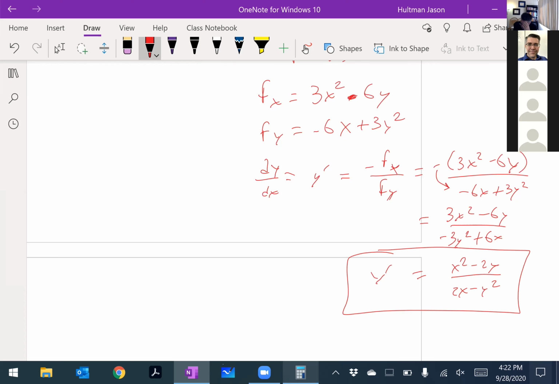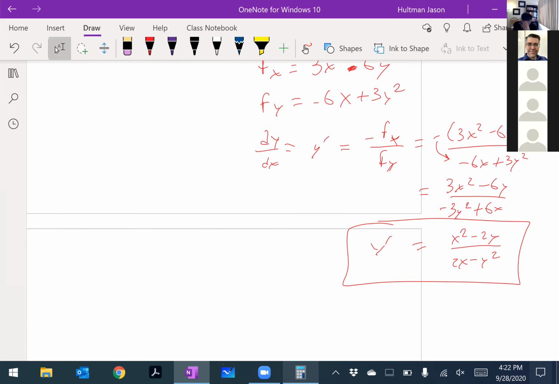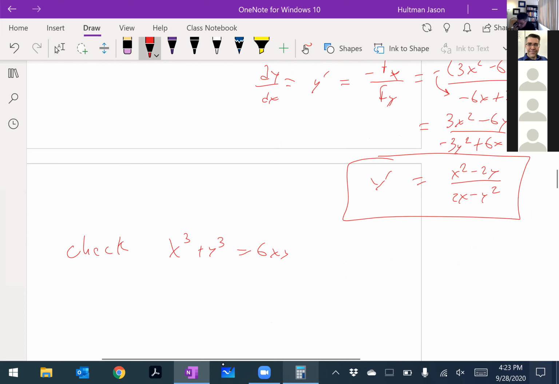Now let's check this. Does this work? How am I going to check this? Well, what's the original one that we wanted to take the implicit differentiation of? I want to find y prime of this thing. In Calc 1, let's just use Calc 1 to check this. The derivative of x cubed is 3x squared.